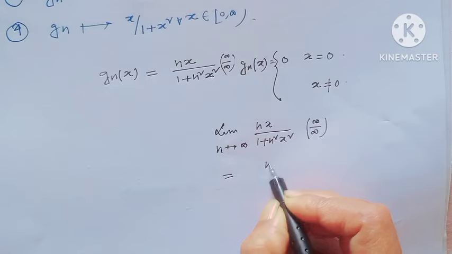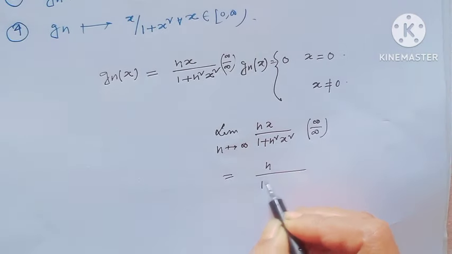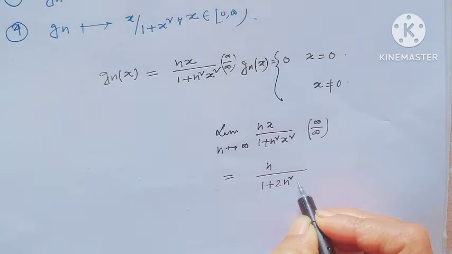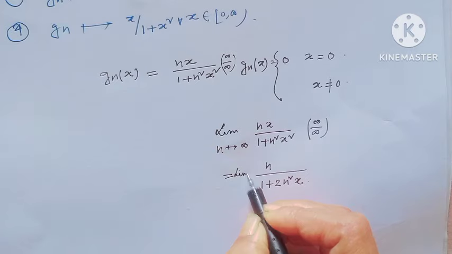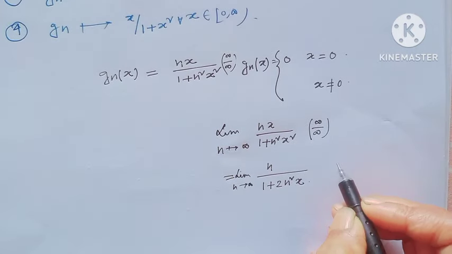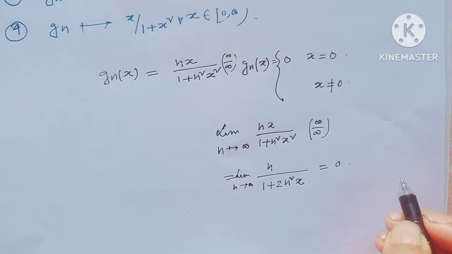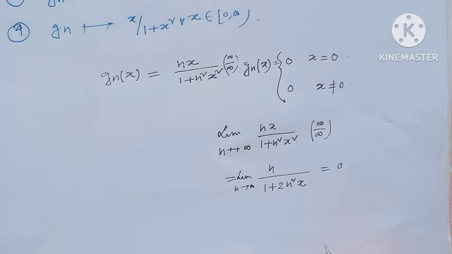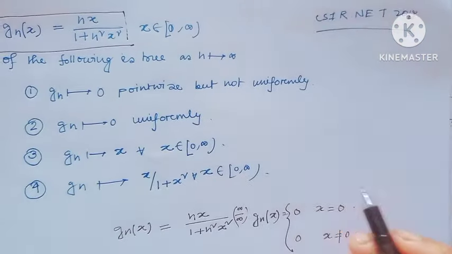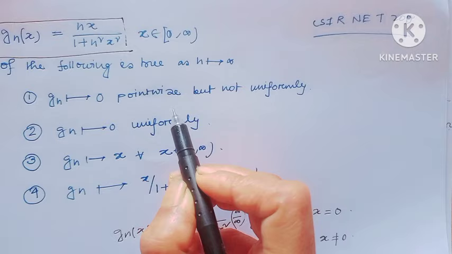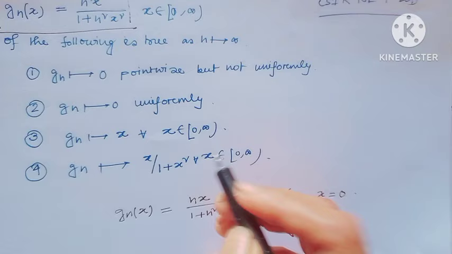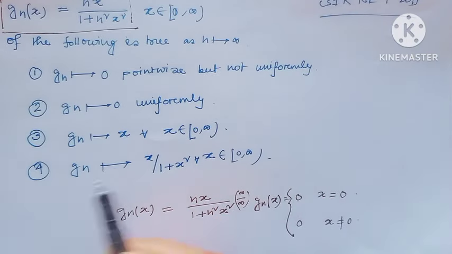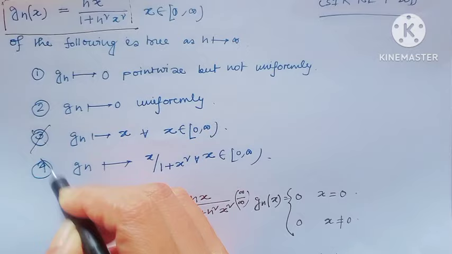This value is x over 2n x squared, and as n goes to infinity, this value equals 0. So this value equals 0 when x is not equal to 0 also. So gn actually goes to 0 pointwise. That means gn goes to x over 1 plus x squared is the wrong option.